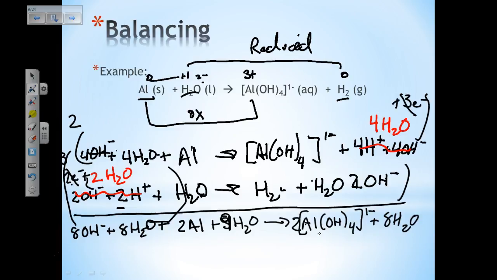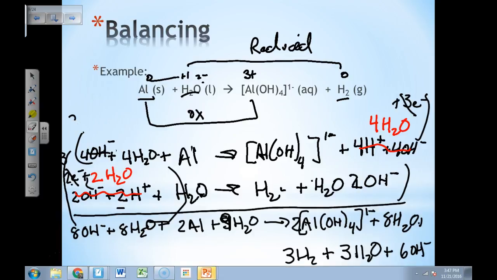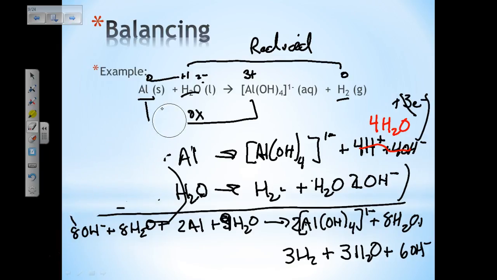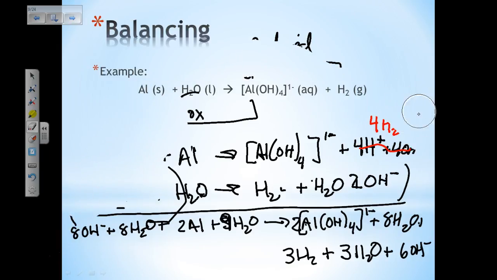And now down here we have 3, so plus 3H2, 3 times 1 is 3, plus 3H2O plus 6OH minus. Okay, so now I have combined all these. So I'm going to get rid of this here, and by getting rid of all this, I now have a lot of room to write.